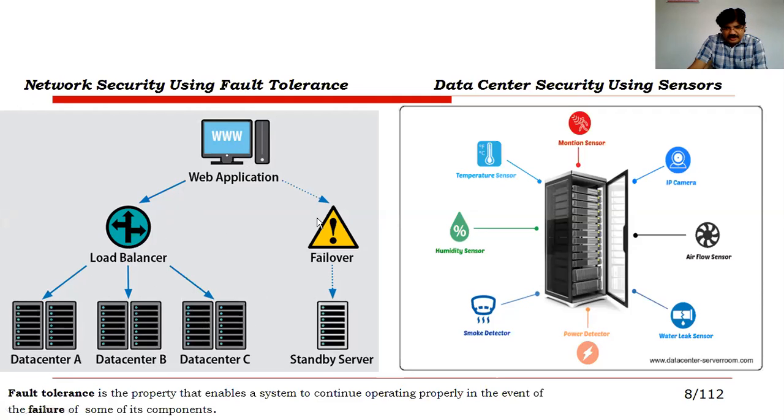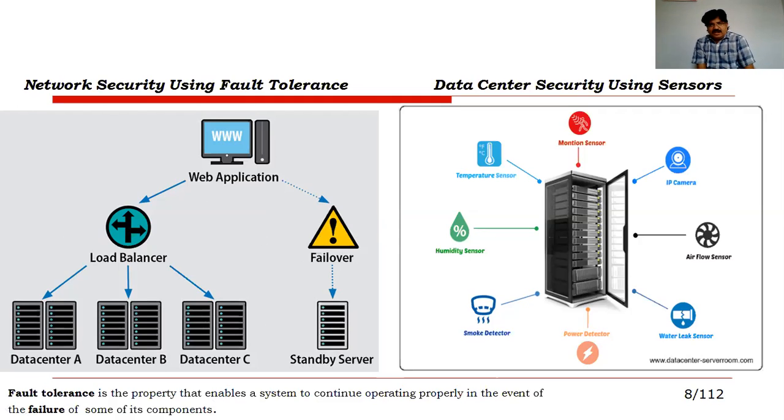Here, if any one of the data center connectivity or network fails, the entire process will not be stopped. Automatically, a failover occurs to a standby server or data center, and the entire process does not stop. The load balancer will divert the load imposed on the failed server to another data center, sharing the resources equally.